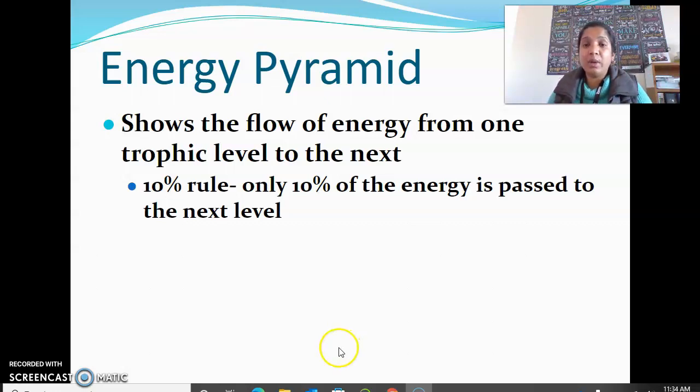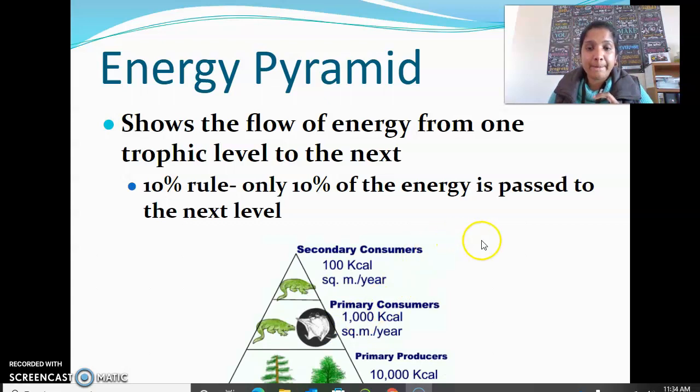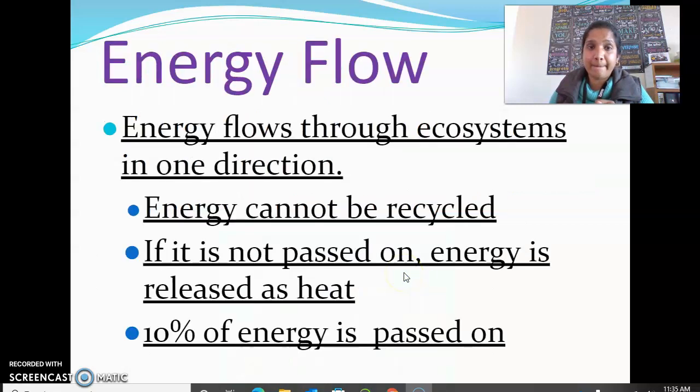So that is how energy flows. If you can see here, it is 10,000 kilocalories here, and only 10% of this can go here, which is 1,000 kilocalories. And only 10% of this can go to the next level, which is 100 kilocalories.